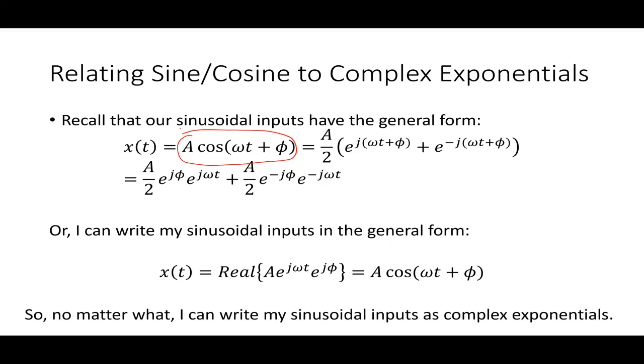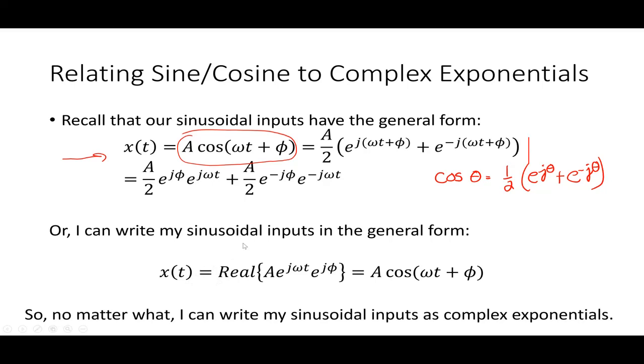One is to use this identity where I think of cosine of theta as 1/2 (e to the j theta plus e to the minus j theta), which is what I've written here.